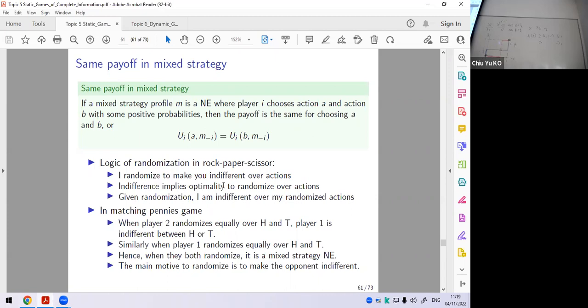Because when you randomize, the other guy also randomizes as well. And for him it is independent. So it becomes an equilibrium, because when I randomize, it has no effect on my payoff, but it affects the other person's payoff. You make the other guy indifferent. It's like here, as I said, right? I randomize because I make you indifferent over your actions, your choice, okay? And that means this indifference will make it optimal to randomize.